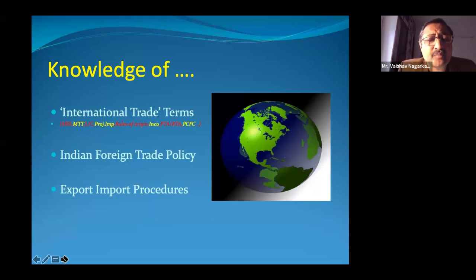So not only from the import perspective, this HS code is important, but from the export perspective also, because for you it is export, and from your buyer's perspective, this is import. So writing the code, or defining the code perfectly on the commercial and the legal documents, is going to help you in deciding the right duty.